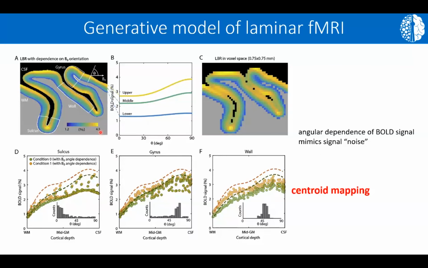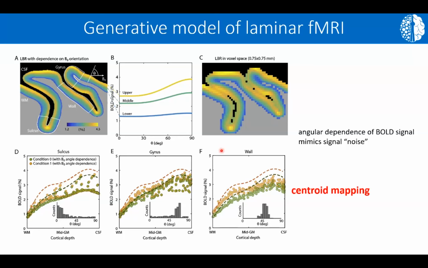The other thing is we have looked at angular dependence, which means the Bold signal, as John and other people have shown, the sensitivity depends on the orientation of the vessels. Which means if you have gyrus and sulcus and walls, then the same neuroactivity will give you a different Bold signal depending on the orientation of the blood vessels or the cortex relative to the field strength.